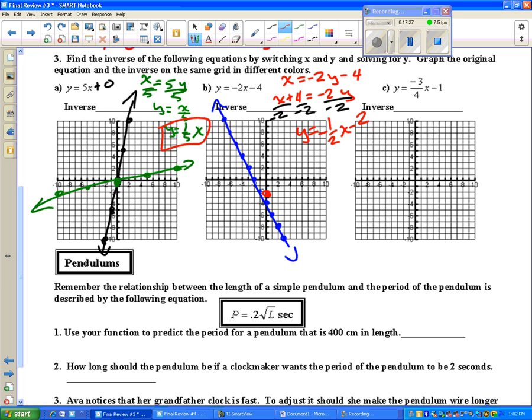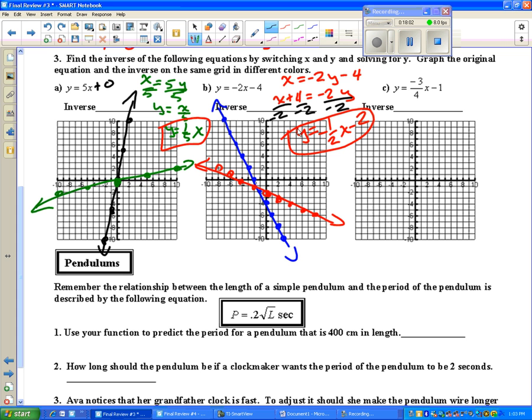My slope is down 1, left 2, down 1, left 2, or up 1, right 2, up 1, right 2. There's my inverse. And again, this is my inverse function right here: y equals -1/2 x minus 2.